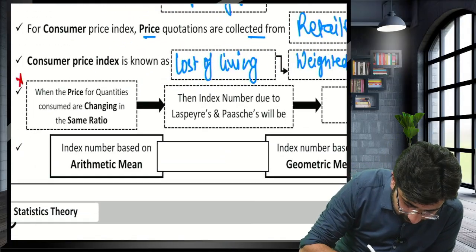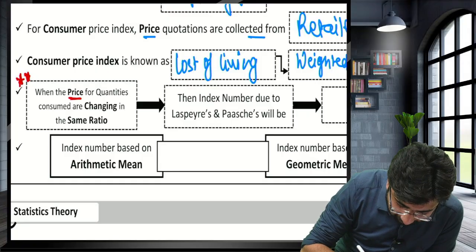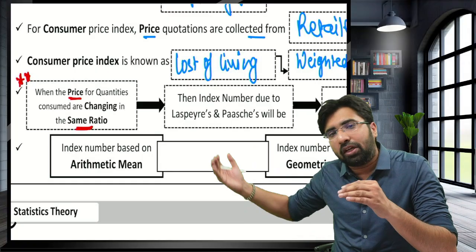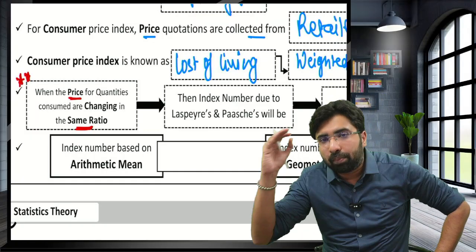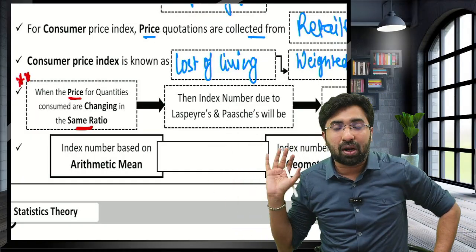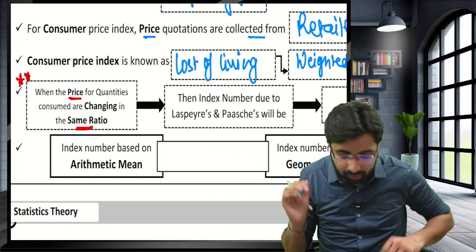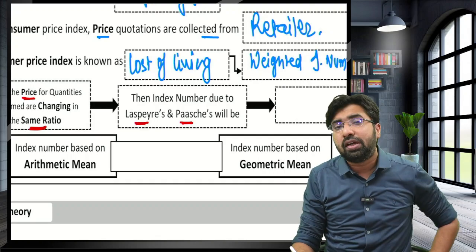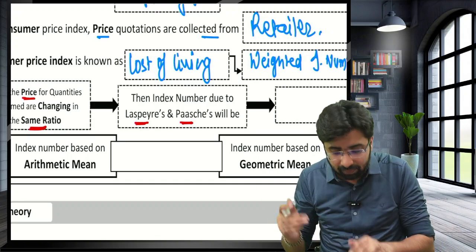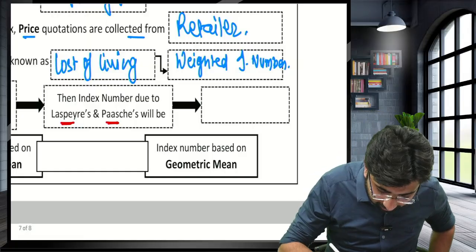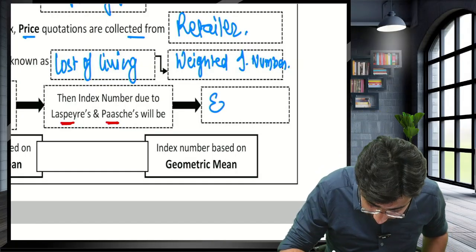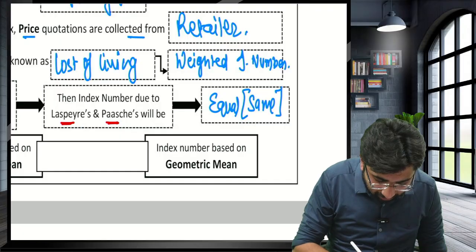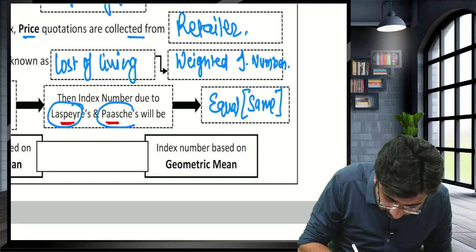Read this just once. If the prices of the commodities A, B, C, D, E are changing in the same ratio, I'm saying, same ratio, then either you calculate from the last year or from the past year, you will get the same index number, or I can say the index numbers will be equal.